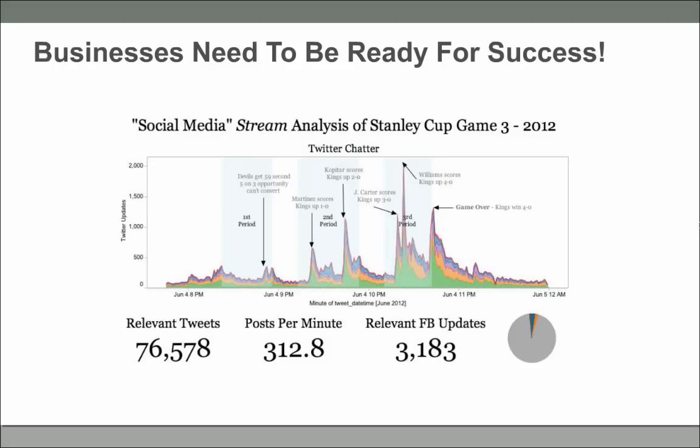What you see here is that when a major event happens in the game, the amount of social activity varies significantly, by orders of magnitude. The biggest spikes in activity, which mean the biggest spikes in load on your application and your database, come exactly when your user is expected to perform the most, and that's when something interesting is happening.